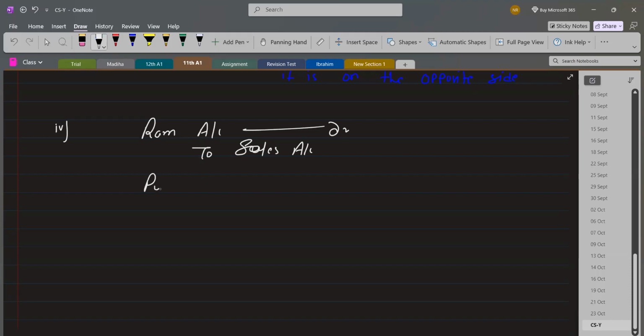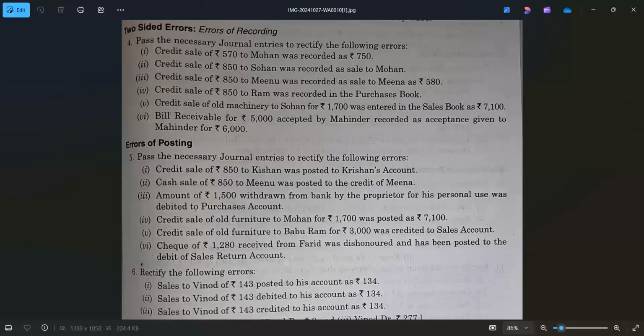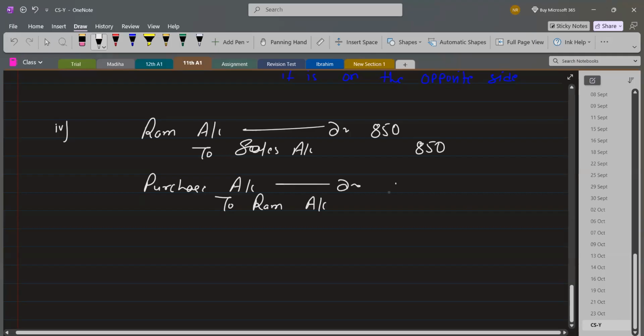If you write it, then it will be purchase account debit to Ram. Okay, the amount is 850.